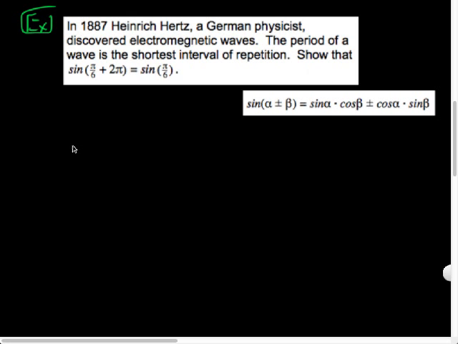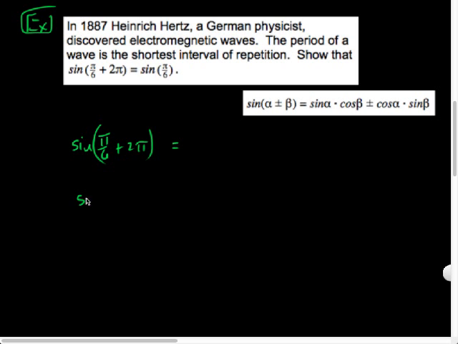So what I'm claiming is that sine of pi over 6 plus 2 pi, I should be able to use the plus version of this formula here, right? So that's going to equal, well, alpha will be pi over 6, beta will be 2 pi.